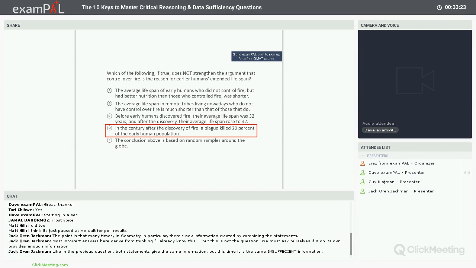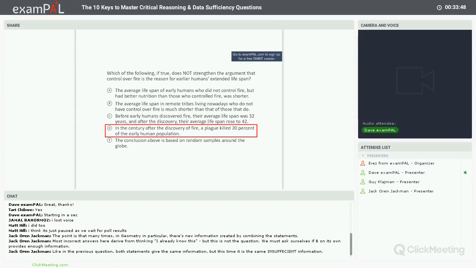Which of the following, if true, does not strengthen the argument that control over fire is the reason for earlier humans' extended lifespan? Now here, I'm just going to say, even more than in data sufficiency, we're really not going to solve the questions completely. I'm not going to even read all the answers, just going to show you parts of them in order to illustrate keys that I want.